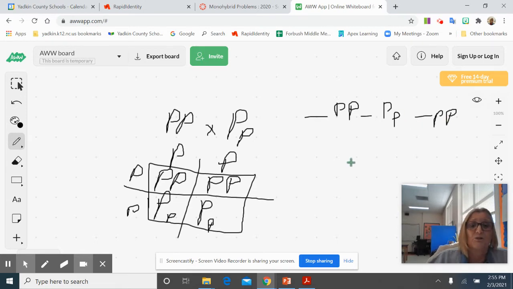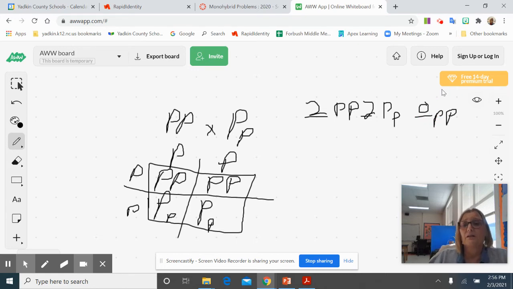These are genotypes. So how many do you have that have two capital P's? That's correct, 2. How many do you have that have a heterozygous dominant and recessive P? That would be 2. How many do you have that have 2 recessive P's? That would be 0.